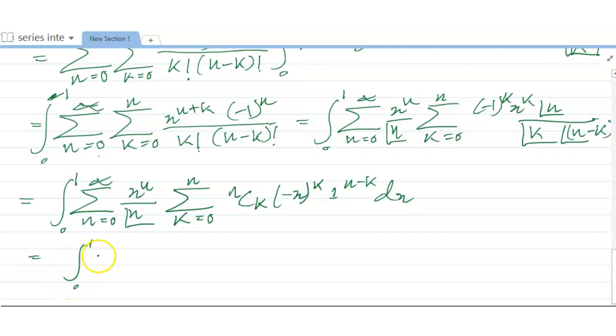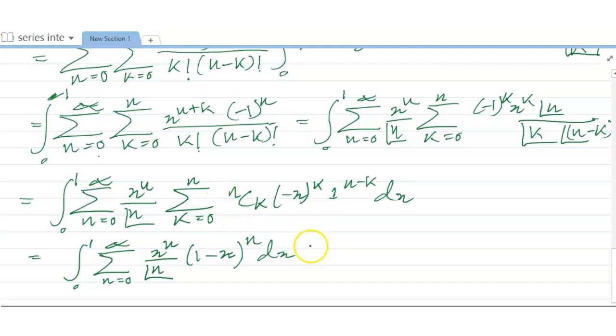And after that we can write this way: the integral from 0 to 1, summation n equals 0 to infinity, of x to the power n divided by n factorial into (1 minus x) to the power n dx.